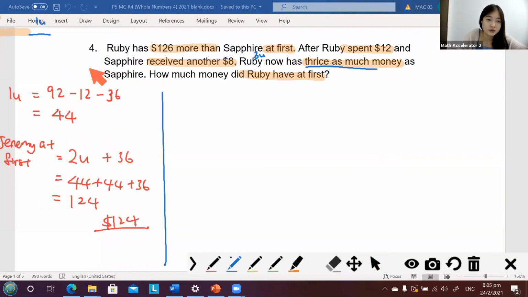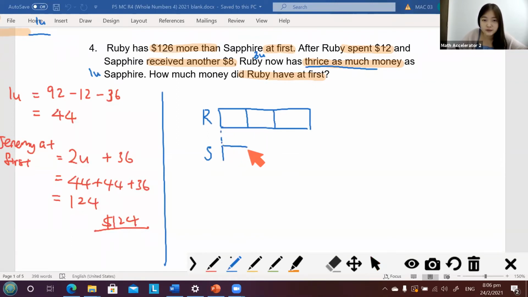S is 1. Good. Thrice. So for Ruby and Sapphire, this will be 3 times. So we draw 3 units, and 1 for Sapphire. Okay, 3 units, 1 unit.